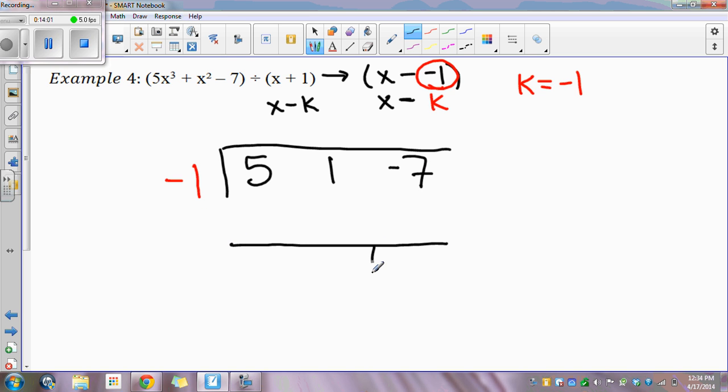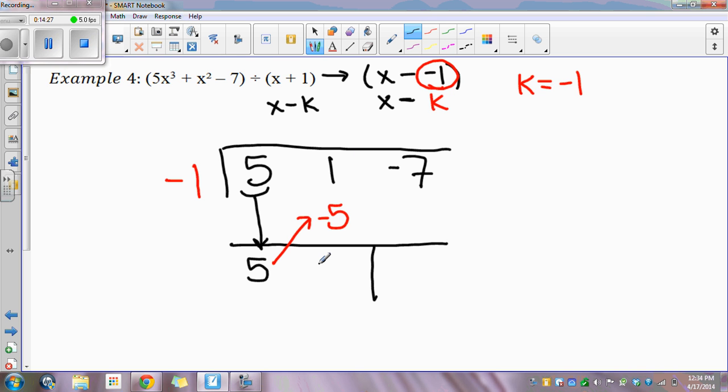Write your lines here to keep it straight. Synthetic division, you take whatever's in the first spot, drag it down and rewrite it. So rewrite the 5 down below the bar. Then, when we drag our diagonal arrows, 5 times k, so 5 times negative 1 is negative 5.